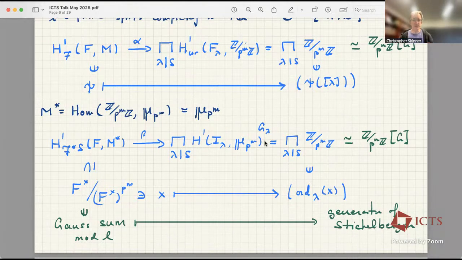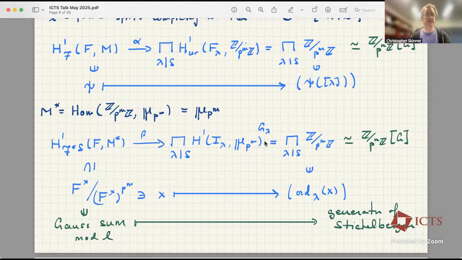The description is very nice once we recast everything in terms of Kummer theory. So Kummer theory describes the H1 of F with coefficients in mu_{P^m} as F cross modulo the P to the mth powers of F cross. So that left-hand inclusion is the inclusion that comes from Kummer theory.